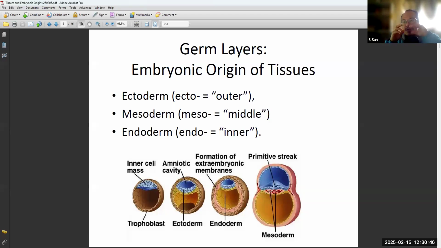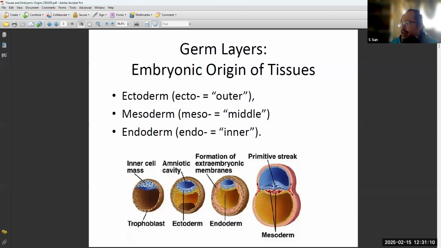These three germ layers determine your organs, the body development. Each germ layer will go further to form a group of organs. So these three germ layers include the ectoderm, mesoderm, and the endoderm.